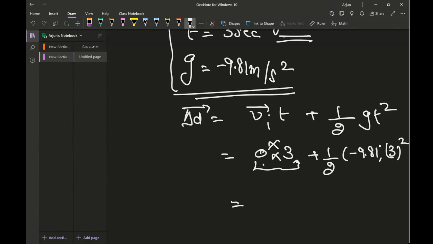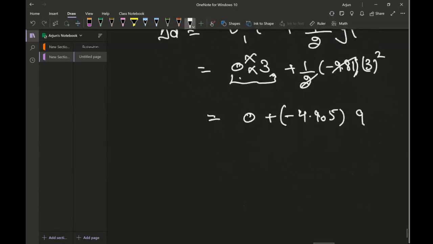If I do the math, half of 9.81 reduces to negative 4.905, multiplied by 9. If I do the calculation, 4.905 multiplied by 9 gives negative 44.145.